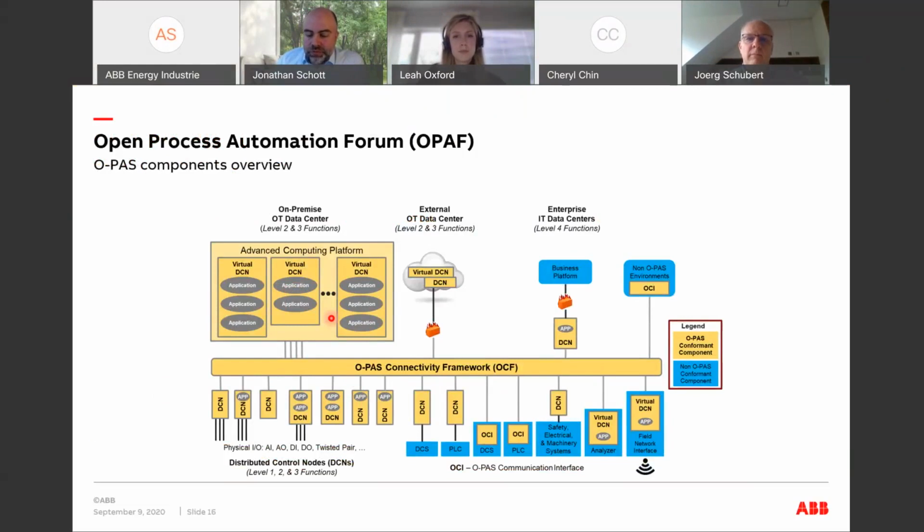Yes, that is foreseen from the beginning. It is foreseen that a DCN doesn't need to be a dedicated hardware box. It can run on any platform, an IPC, a huge virtualized center, whatever you want to run your applications, execution engines on. The OPAF already includes definitions of all layers down to the hardware operating system layer.